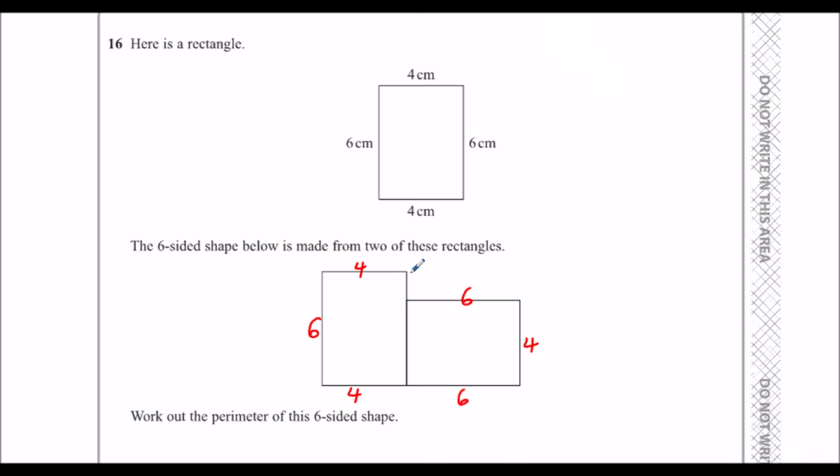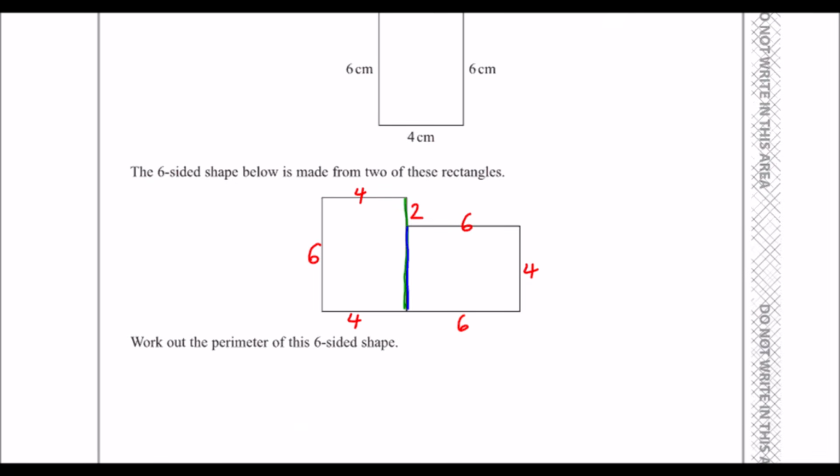So the long length is 6, the short length is 4, so the difference between them is 6 take away 4, which is 2. So the whole length is 6, the part of it that's not in the perimeter is 4, so what's left is 2.